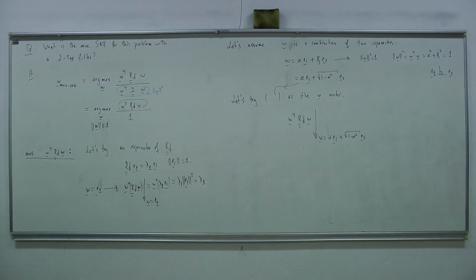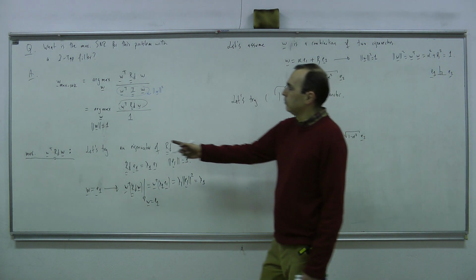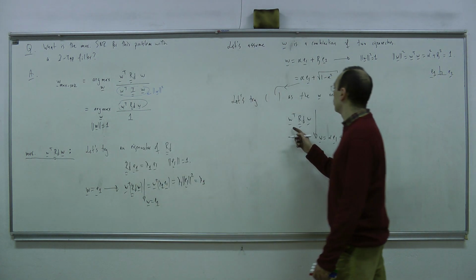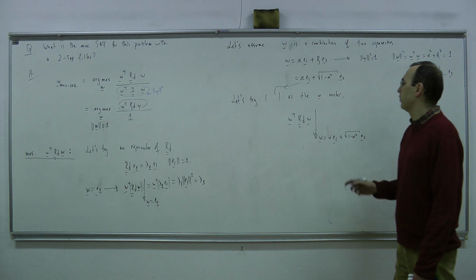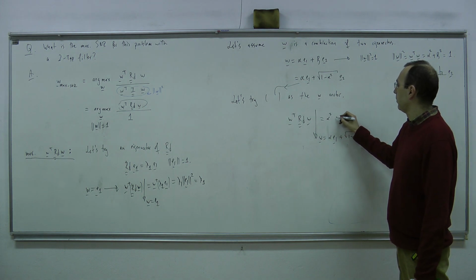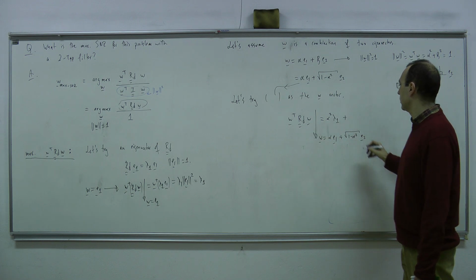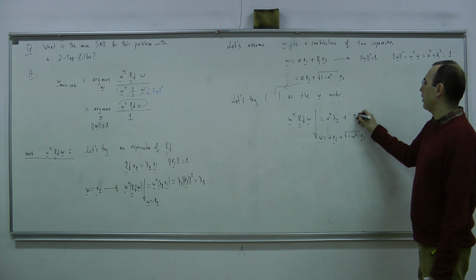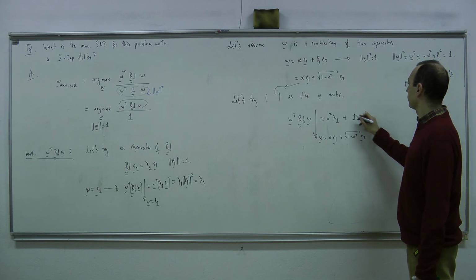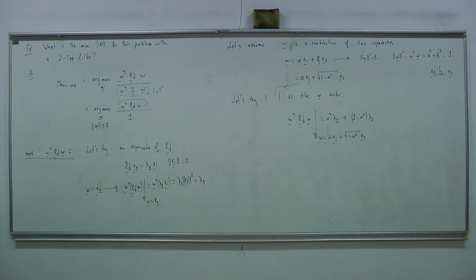This is unit norm, as we have discussed. Let me calculate this objective. Again, you have alpha square lambda 1 plus 1 minus alpha square lambda 2. Would you agree with that?